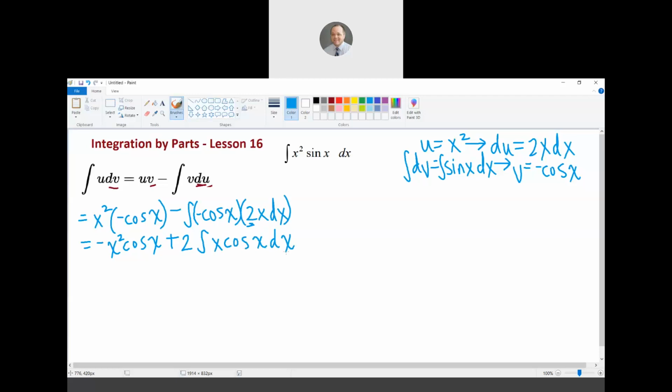Okay, we still can't integrate. We have x times cosine x. So let's use integration by parts again. So second go around, we'll let u equal to x. And when we take the derivative of both sides, we got du equal to dx.